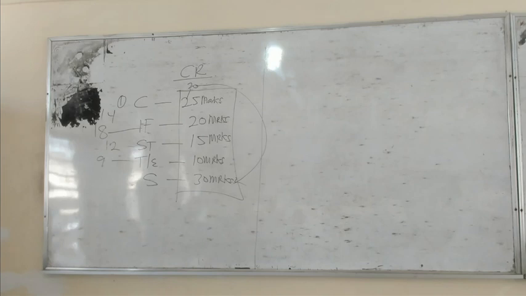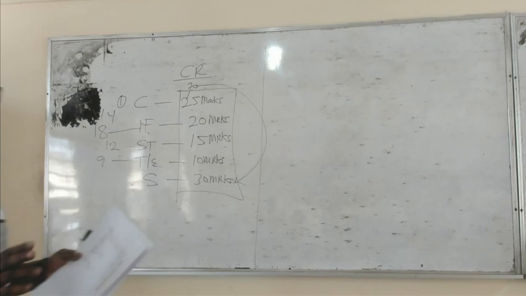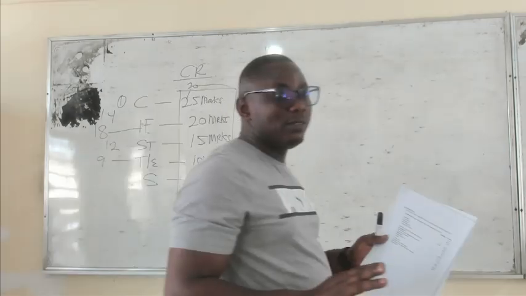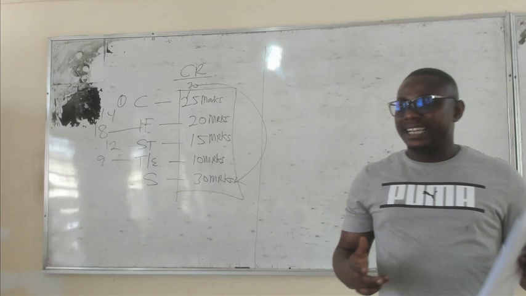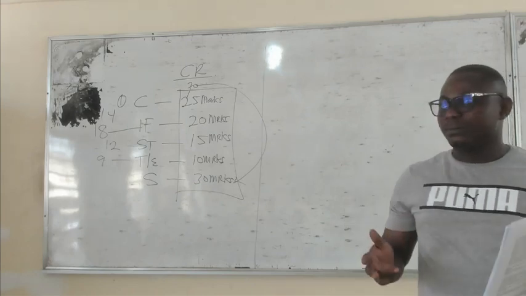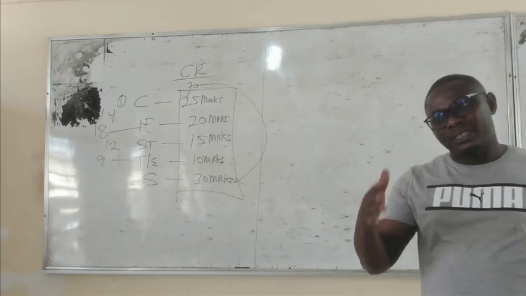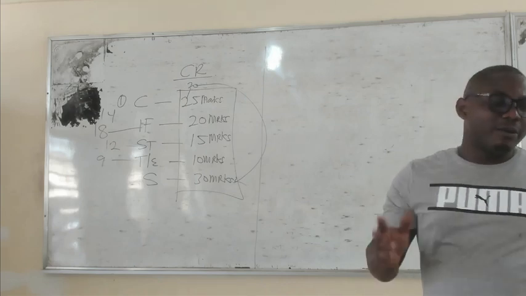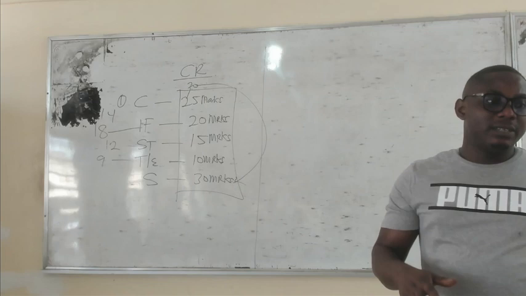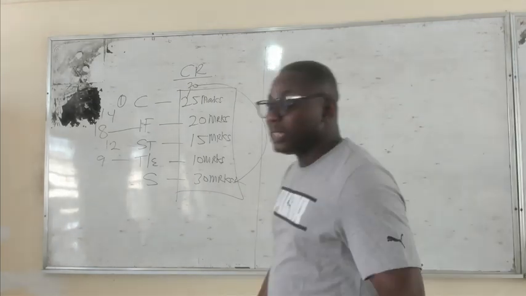Before they tell you to start, at least you have all the points to write. With consolidation, you have gone through the notes, and in the other areas you know what to do. So get to the exam room about 15 or 20 minutes before they tell you to start work. Depending on where you are writing the exam, in some places, when you get there 30 minutes before, the question paper will be given to you.